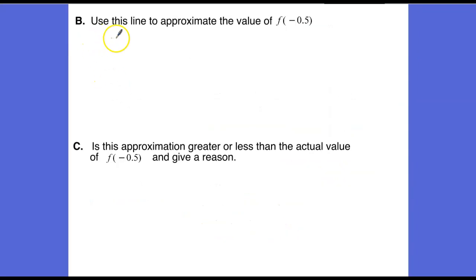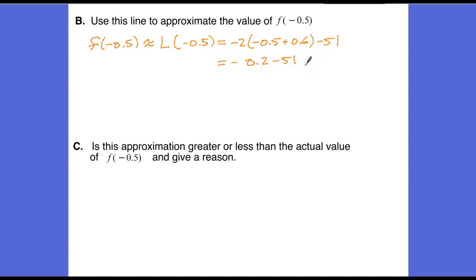In part B, we're asked to use this line to approximate the value of f of negative 0.5. So f of negative 0.5 is going to be approximately L of negative 0.5, which would be equal to negative 2 times negative 0.5 plus 0.6 minus 51, and so this is going to be equal to negative 0.2 minus 51, which is equal to negative 51.2.